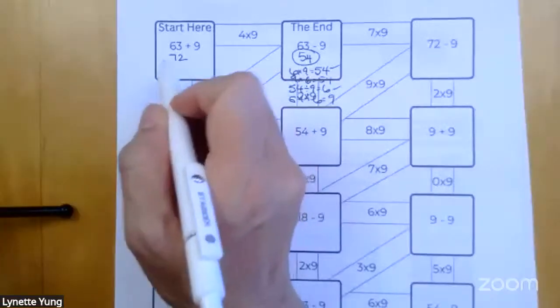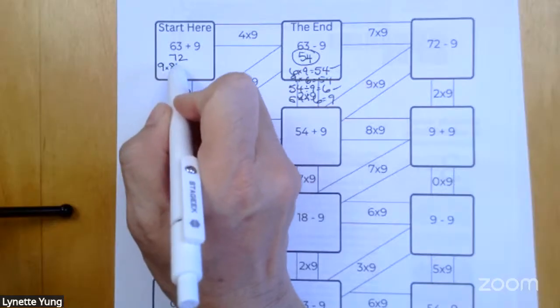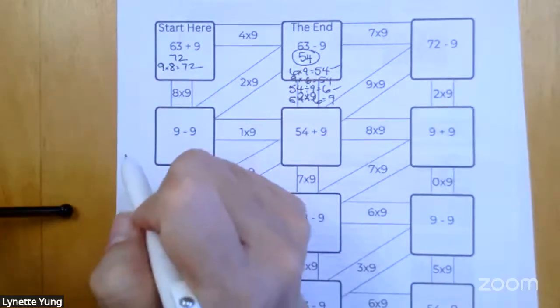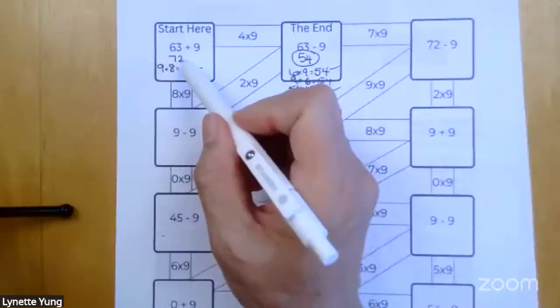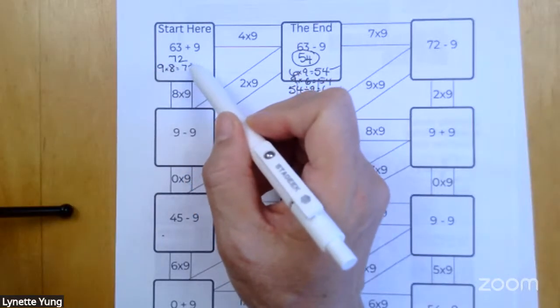Take the answer and write the multiplication factor that answers this. So we know 9 times 8 is equal to 72. So the question is, what are the factors that... I'm trying to word it better. Write the multiplication factor that uses the answer.